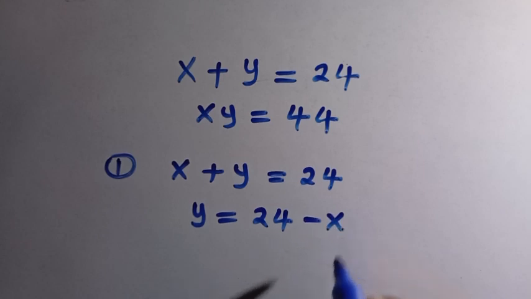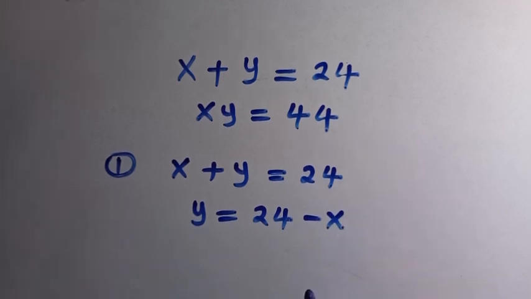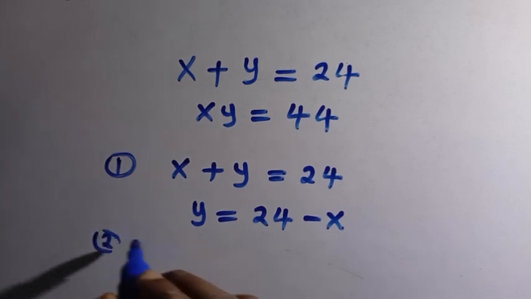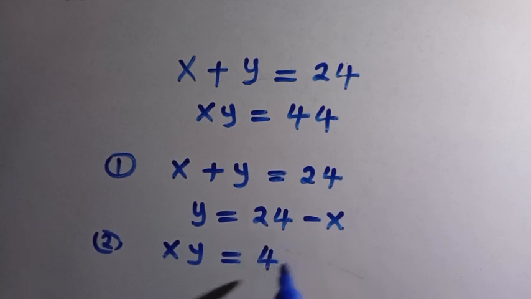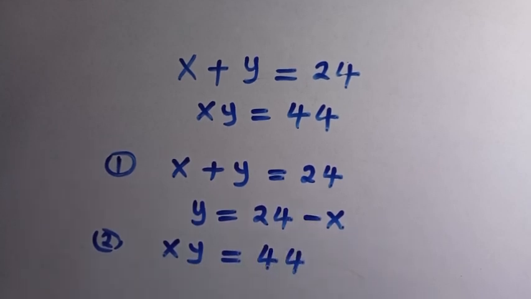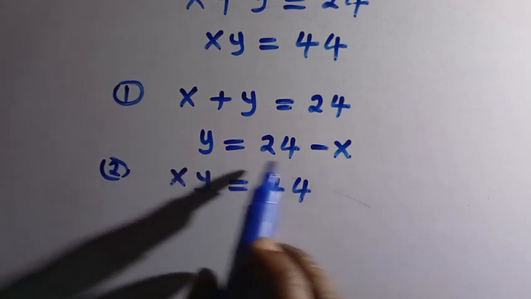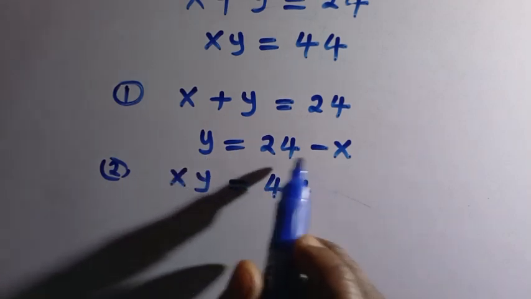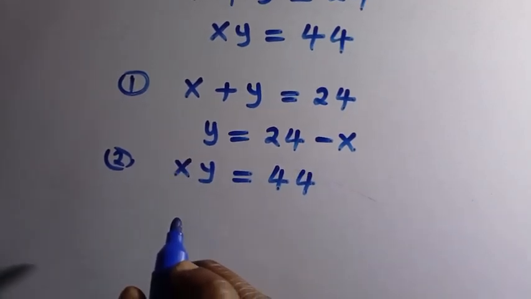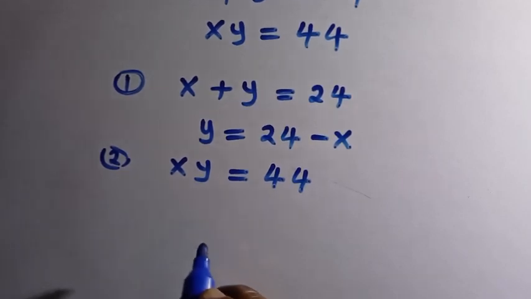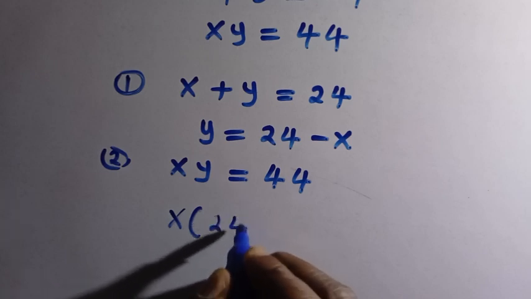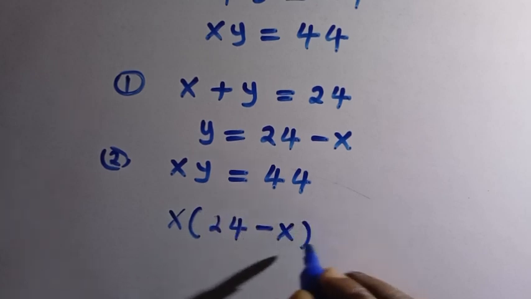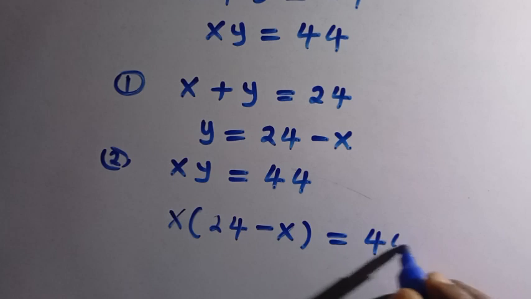24 minus x. Then considering equation 2, we have xy equals 44. And from this line, let's replace y with 24 minus x, so that we have x into bracket of 24 minus x equals 44.